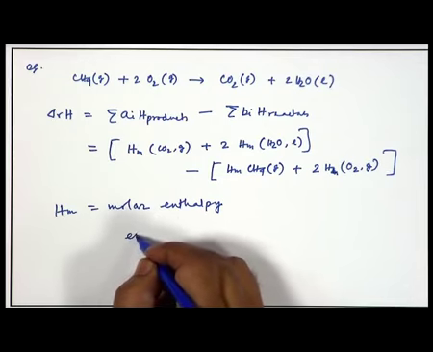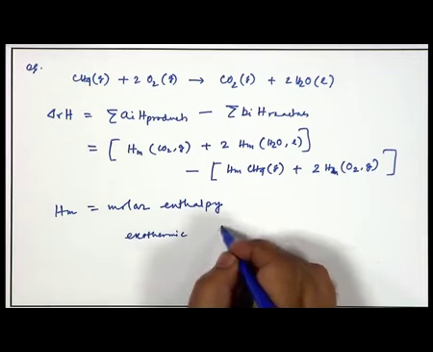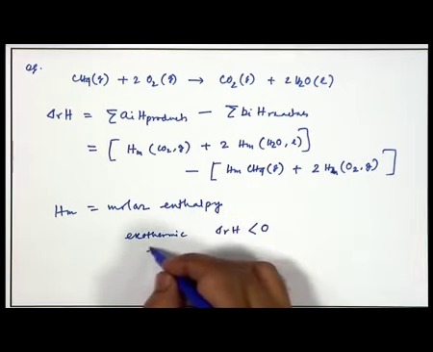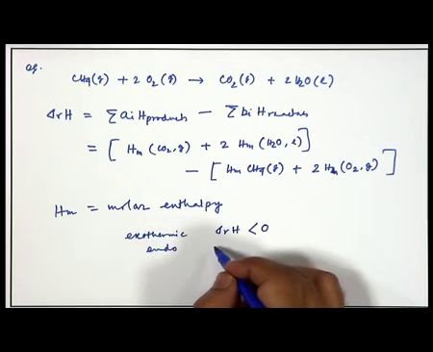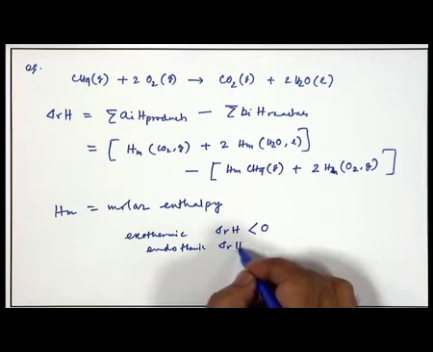For an exothermic reaction, as we discussed earlier, the reaction enthalpy should be negative, and for an endothermic reaction, it should be positive.